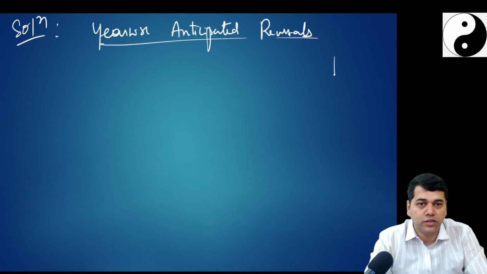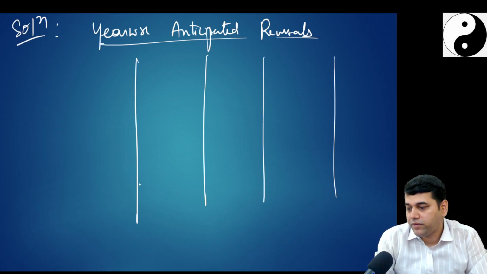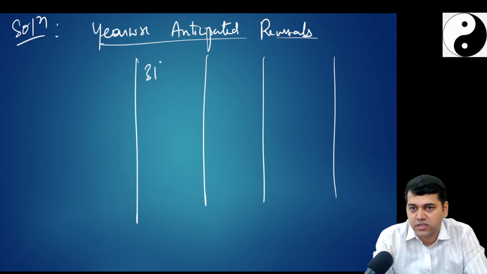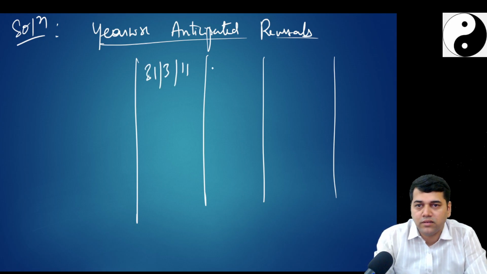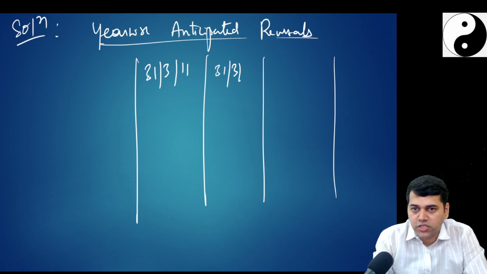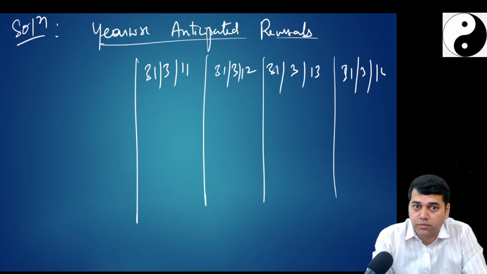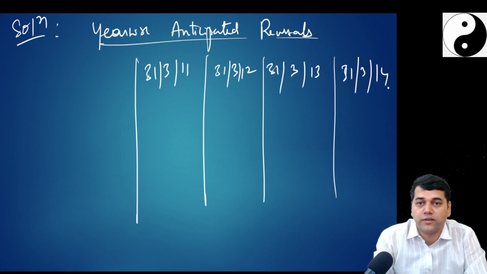When you incorporated, the first year is 31st March 11. So I have got 31st March 12, 31st March 13, and 31st March 14, because I have got one more, deferred tax asset is also there.